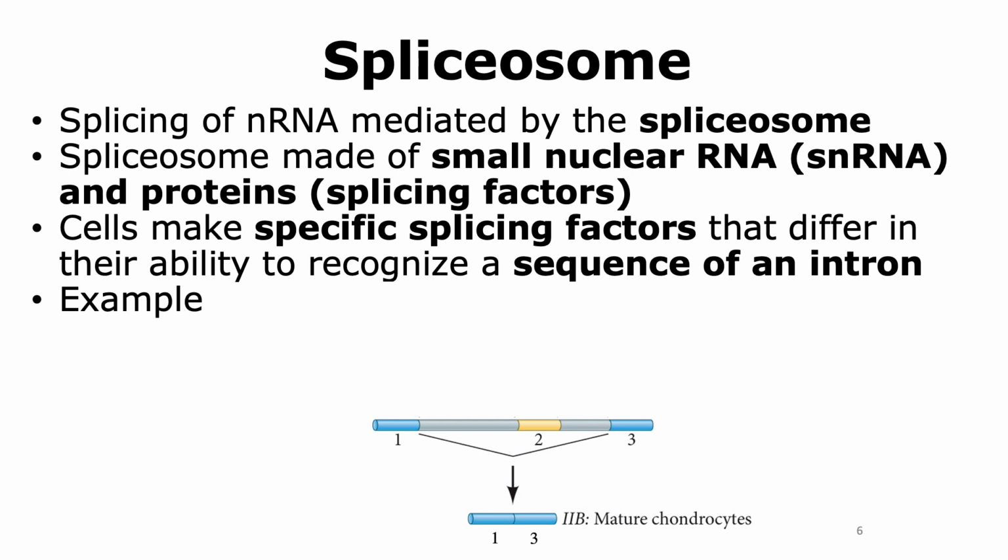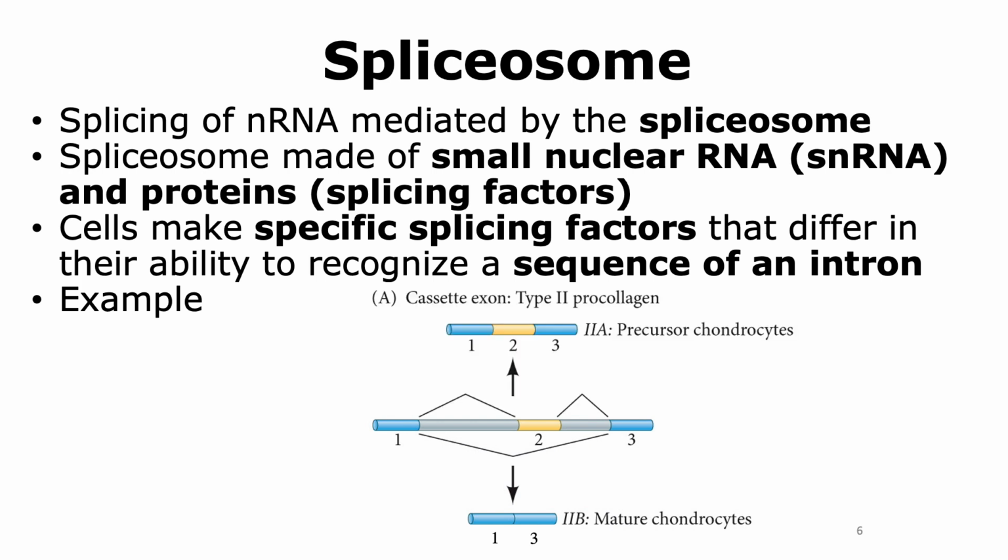However, it is also possible that a cell is able to make other types of splicing factors, and thus the spliceosome is able to mediate splicing in such a way that we generate a messenger RNA which has the exons 1, 2, and 3 joined together. Thus, the same nuclear RNA is able to give rise to two types of messenger RNA. And this is an example of the cassette exon.